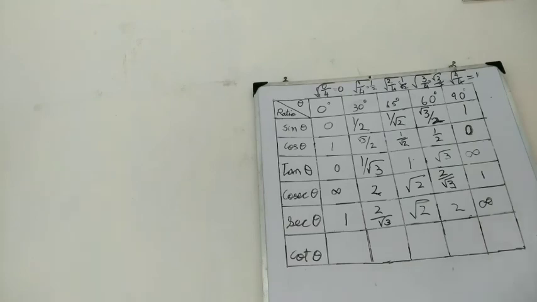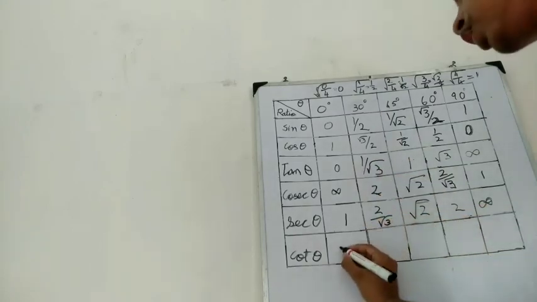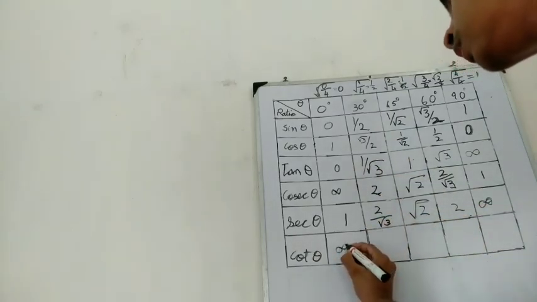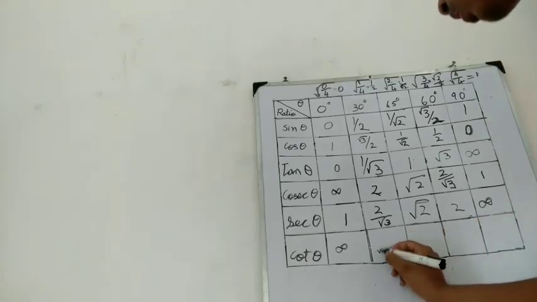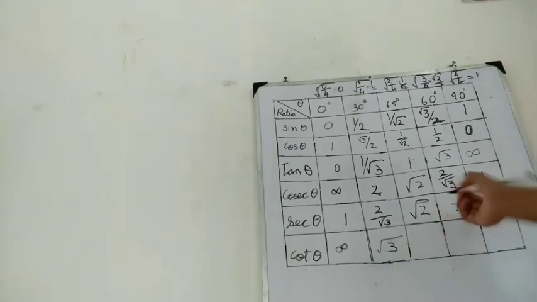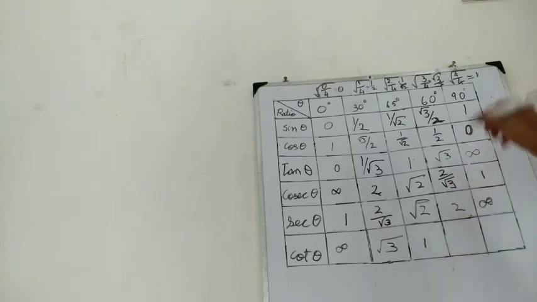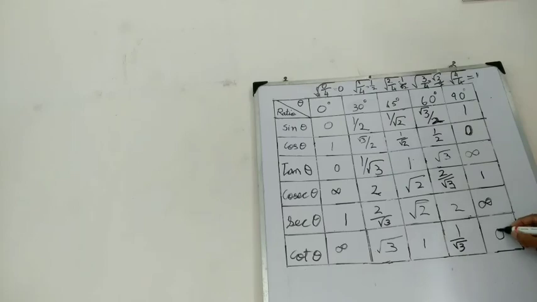Now remaining is cot. Cot is nothing but the inverse of tan. So the inverse of tan: 0 inverse is infinity, 1 by root 3 inverse is root 3, 1 inverse is 1, root 3 inverse will be 1 by root 3, and infinity inverse will be 0.